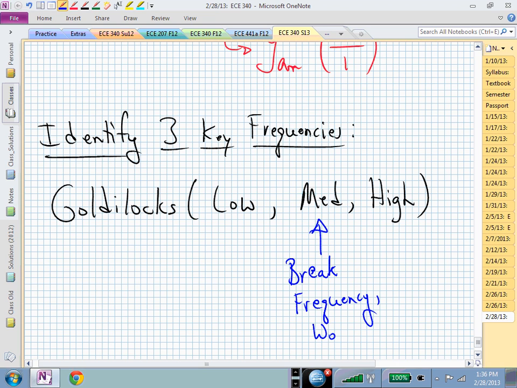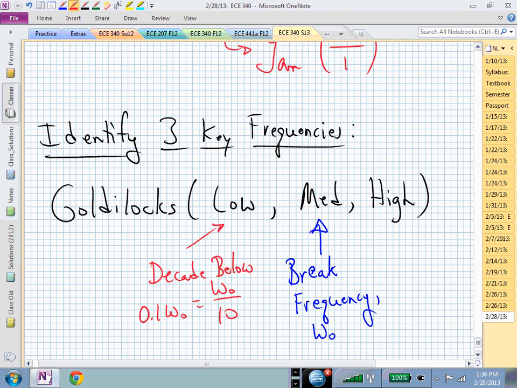Now, what we're classifying as low are frequencies that are a decade below the sweet spot. So this is a decade below omega naught, or 0.1 omega naught, or that's now omega naught over 10.